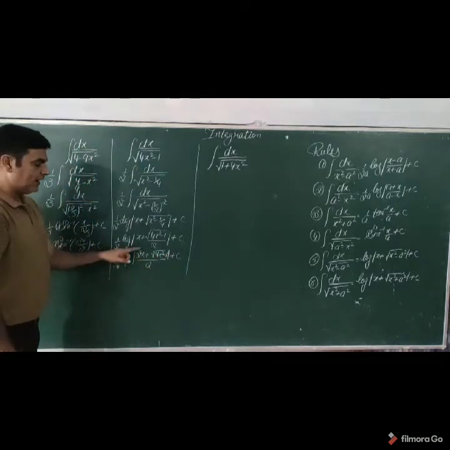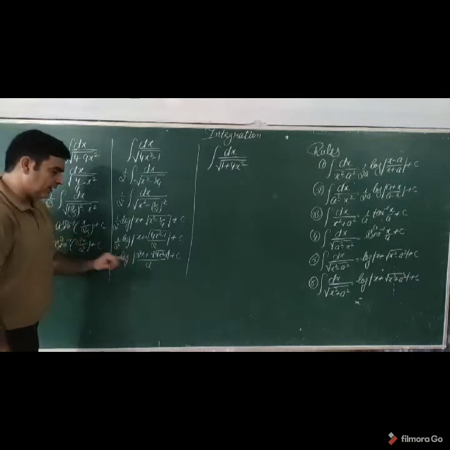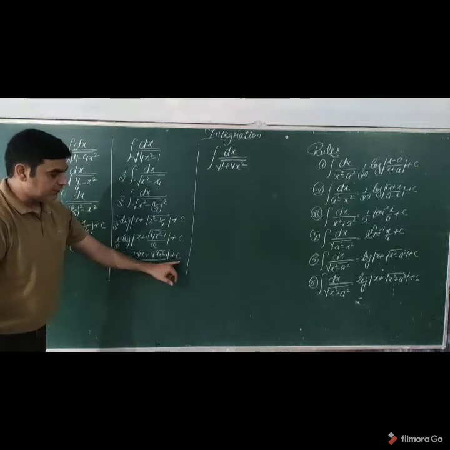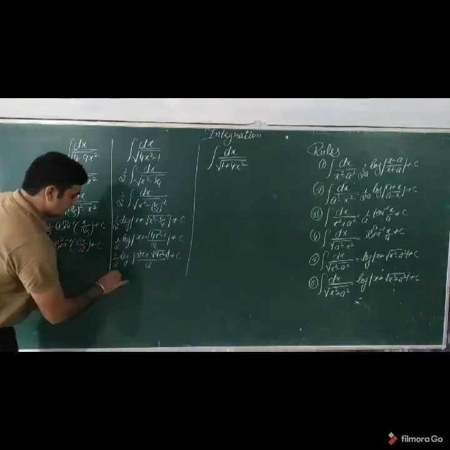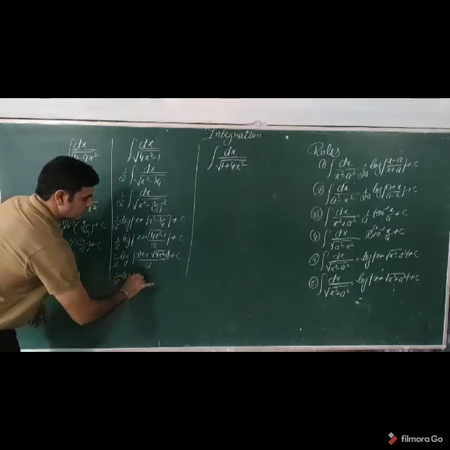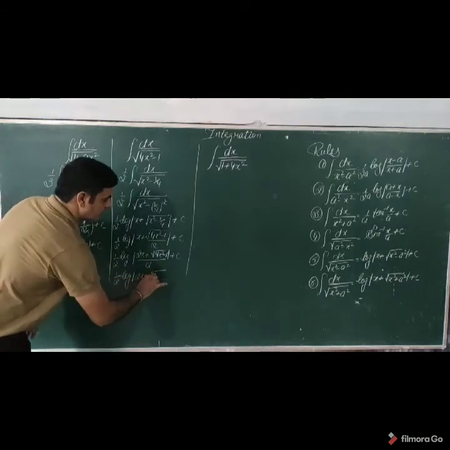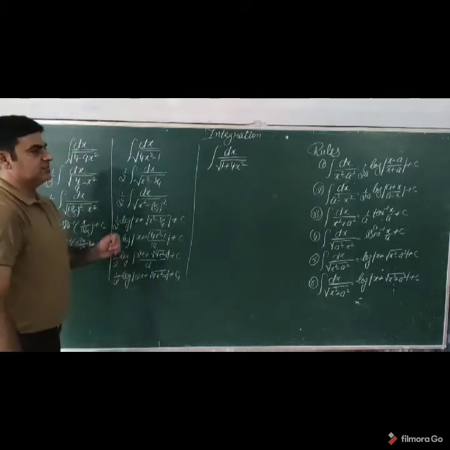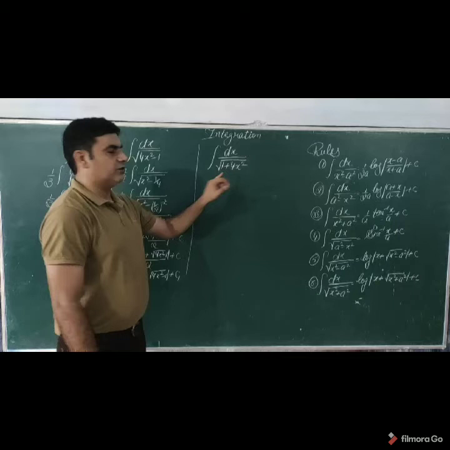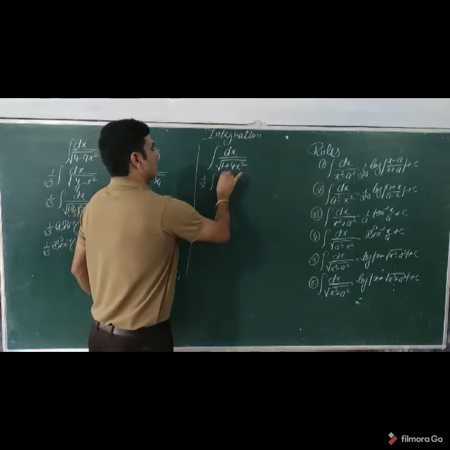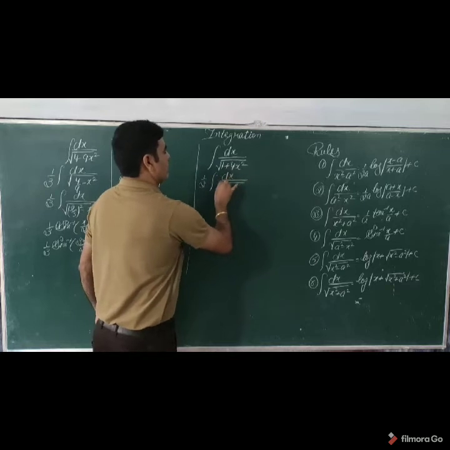Here log m is variable, log n is constant. If we add a constant with a constant, it becomes a new constant. So we can write like this: 1 by 2 log of 2x plus the square root of 4x square minus 1, plus a changed constant. Same we are going to apply here. Taking the coefficient of x square common outside, it becomes 2 dx with the square root of 1 by 4 plus x square.